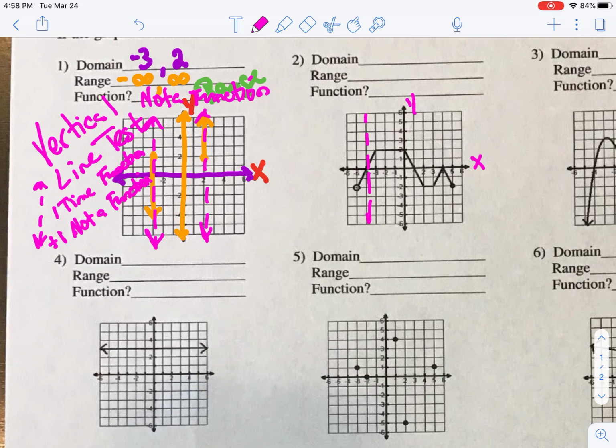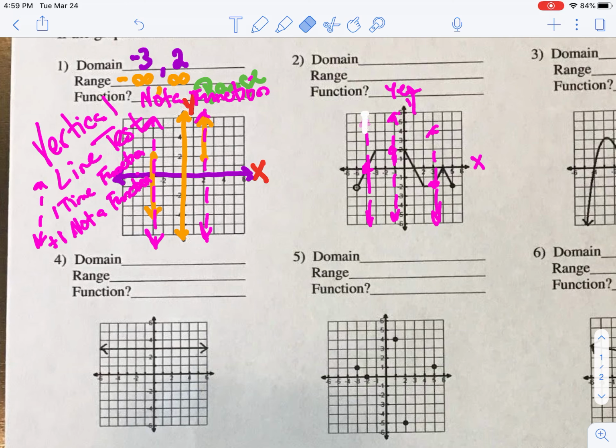If we were to draw vertical lines here, my vertical line hits the graph once. Here, it hits the graph once. We continue on this side. My vertical lines only hit the graph in one spot each time. So right here, we definitely have a function.